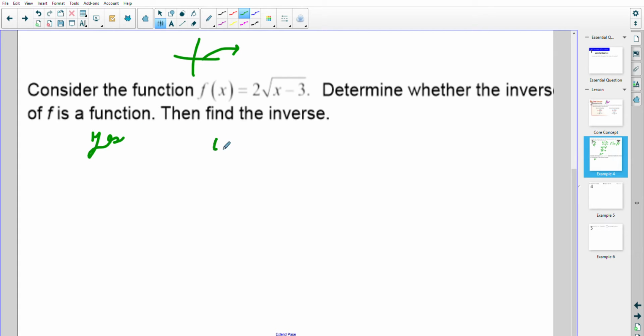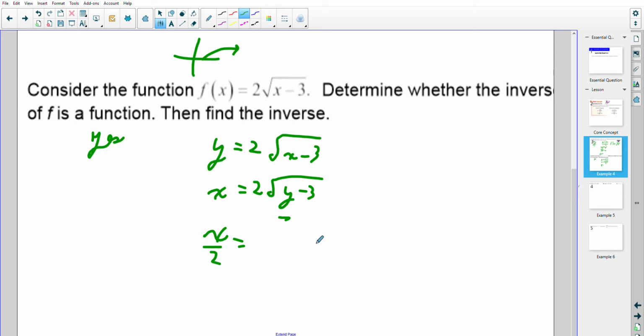Now what is it? Again, I'm going to go through that algorithm and switch the x and the y. By switching the x and the y, you're creating the inverse. This is the inverse. I know the inverse is a function, so now I'm just going to go ahead and solve for that y.